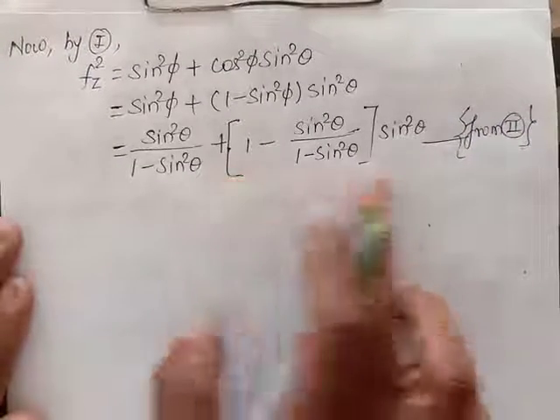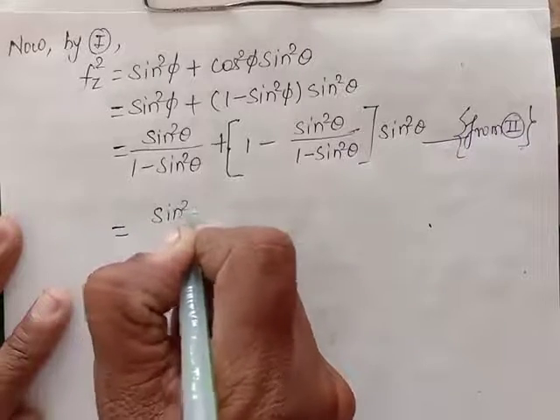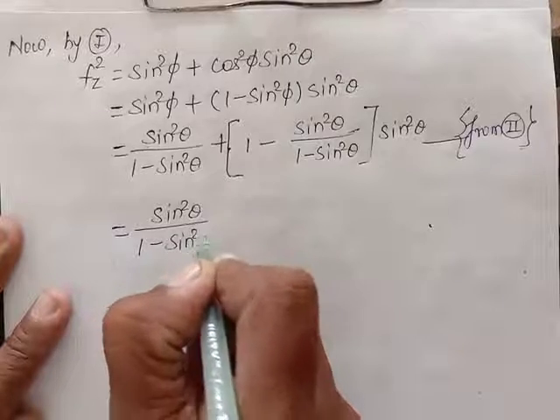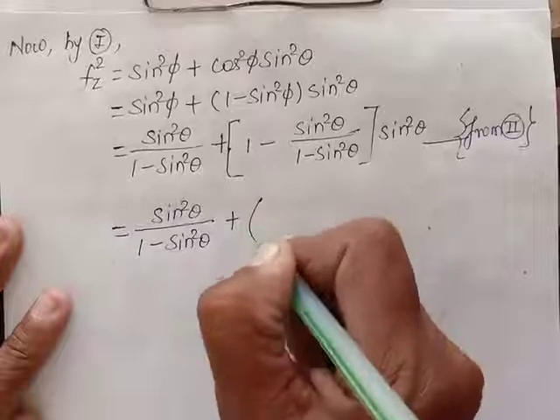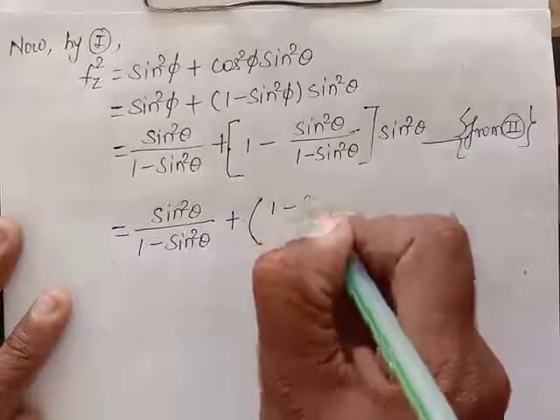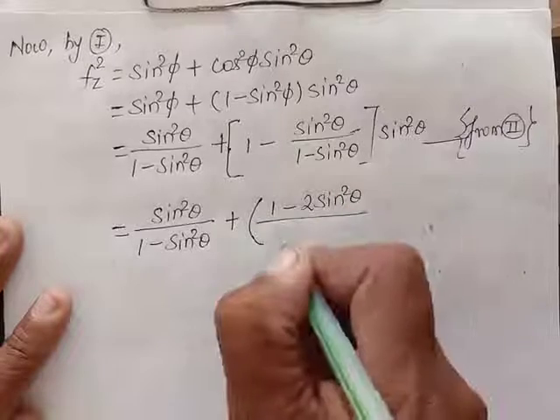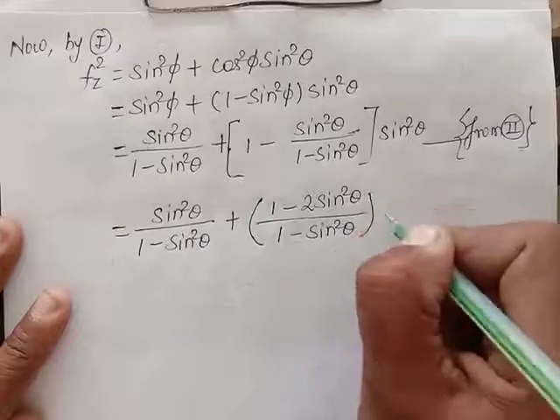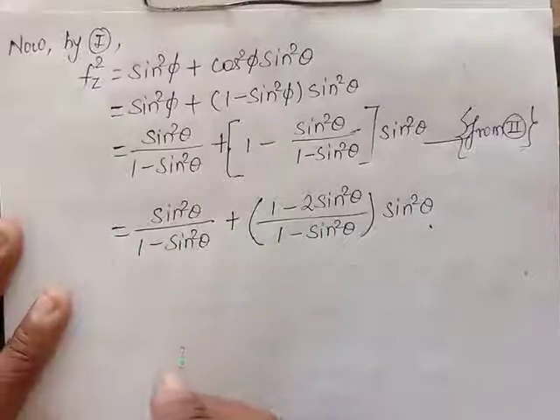Now we can easily simplify it. It is sine square theta upon 1 minus sine square theta plus 1 minus 2 sine square theta upon 1 minus sine square theta into sine square theta. Simplifying this one simply.